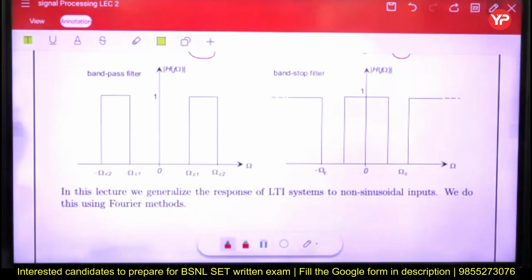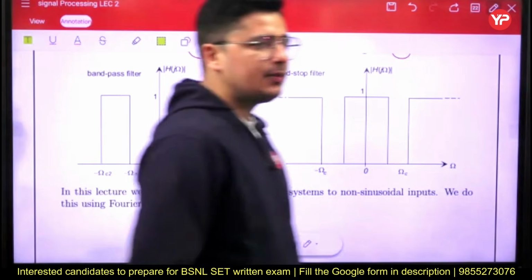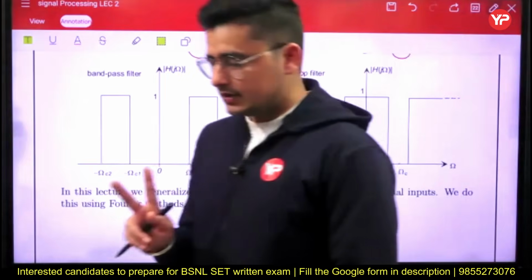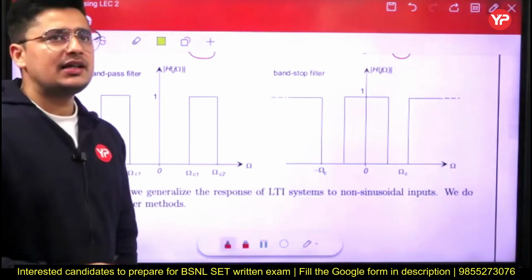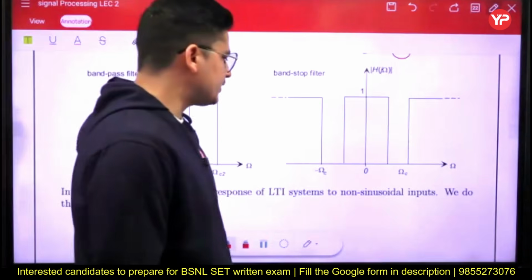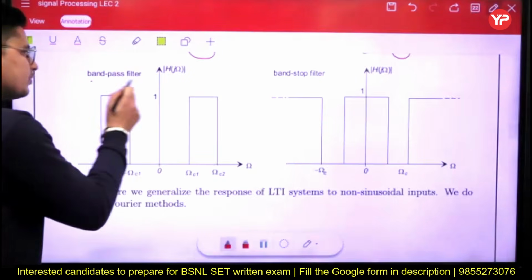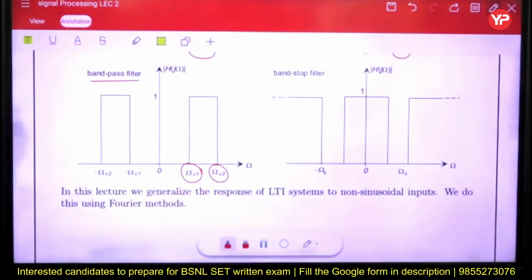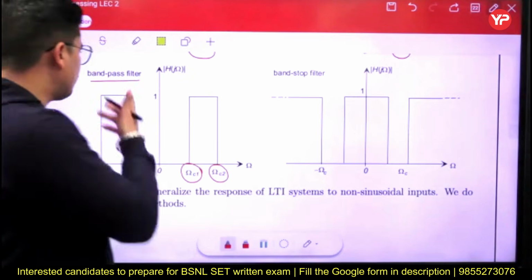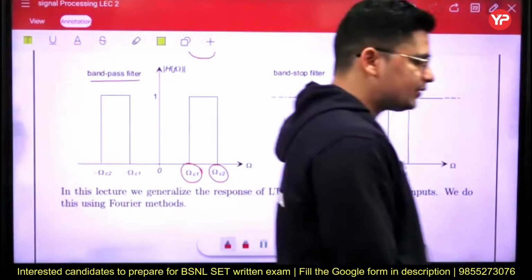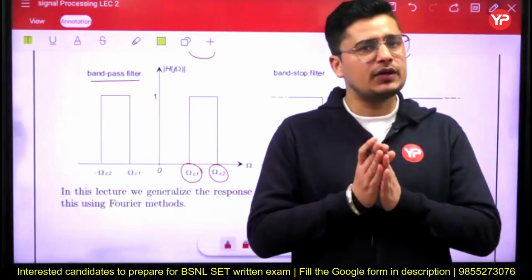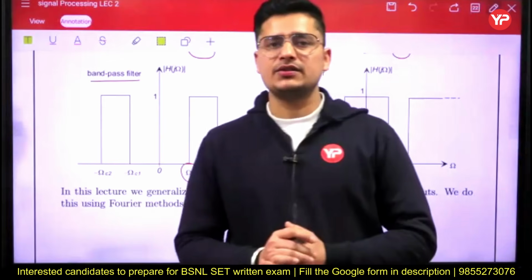Next is the band pass filter. Generally, the band pass filter will have two cutoff frequencies. Always remember, band pass and band stop filters have two cutoff frequencies, omega C1 and omega C2. As the name suggests, a band pass filter will pass a particular band of frequencies and reject the other frequencies.